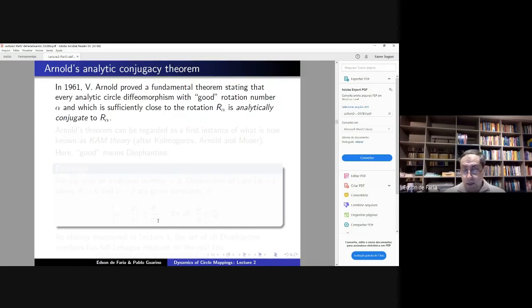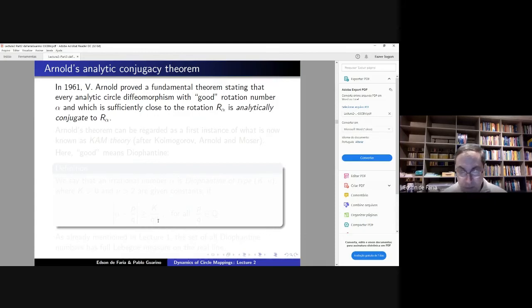Okay, Herman's invariant was, of course, introduced by Herman in the late 70s. But before that, the problem of rigidity of diffeomorphisms was already being examined by Arnold in the analytic category. So he was studying analytic diffeomorphisms of the circle, and he proved the fundamental theorem, which does not, of course, use anything about Herman's invariant, because Herman's invariant came much later.